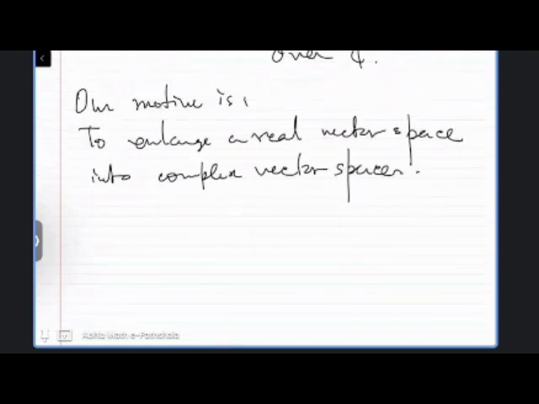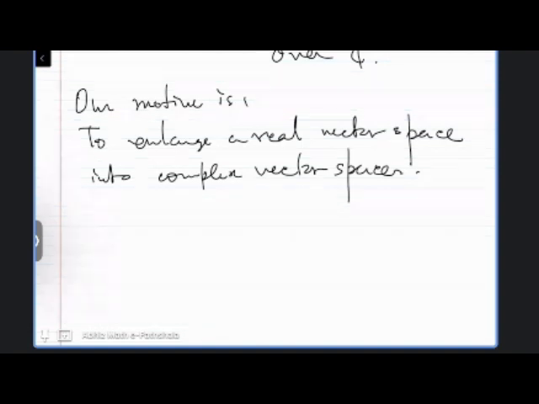We are just enlarging the field. So what is the underlying field of a real vector space? They are real numbers. So we are going to enlarge it to C, so that the vector space will remain the same, but the scalar multiplication has been enlarged from the real case to the complex case.